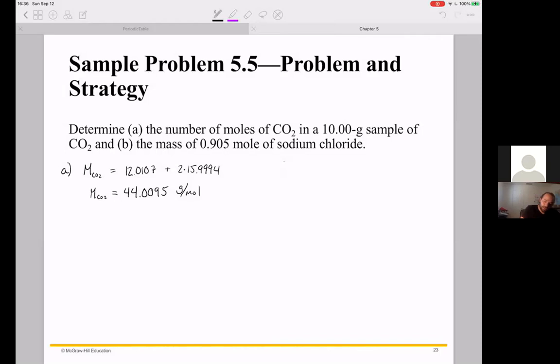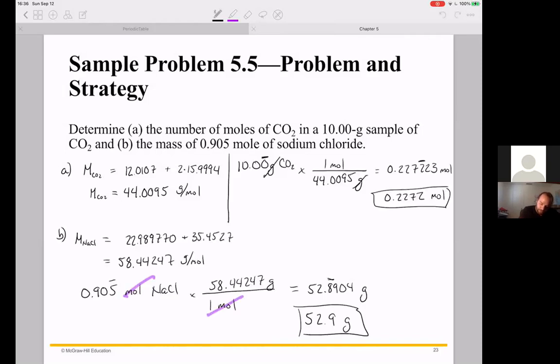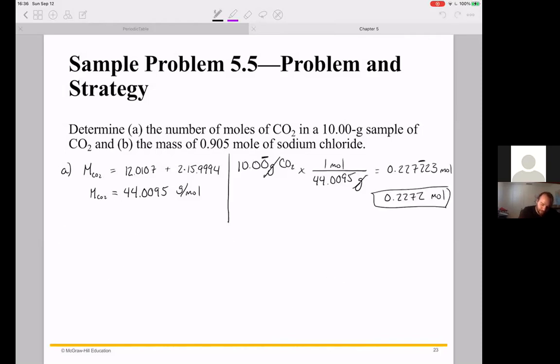Actually, let me go back because I want to show you how similar it is to the setup that we had before. Now I'm going to go to molecules of CO2. So again, I'm going to start off with my 10.00 grams of CO2. And again, I don't want to just stop at moles. I want to go all the way to molecules. So I'm going to first convert from grams to moles using the molar mass that I calculated.